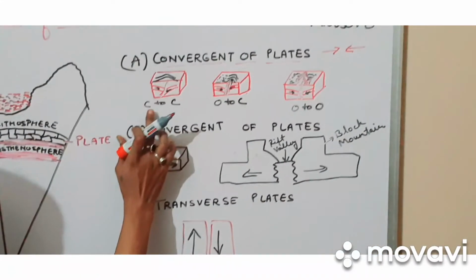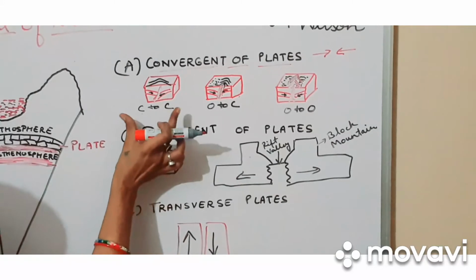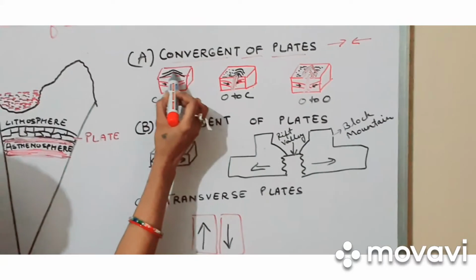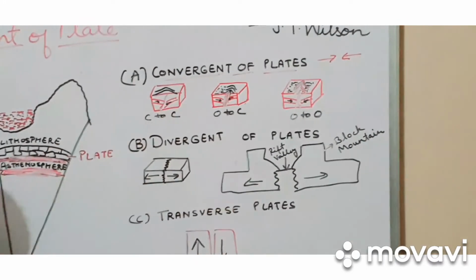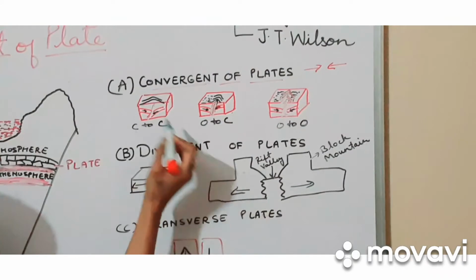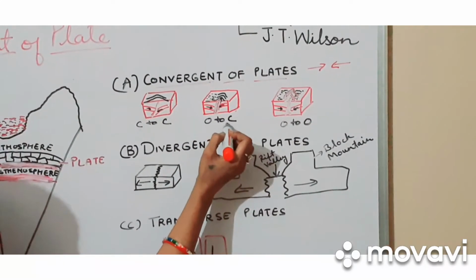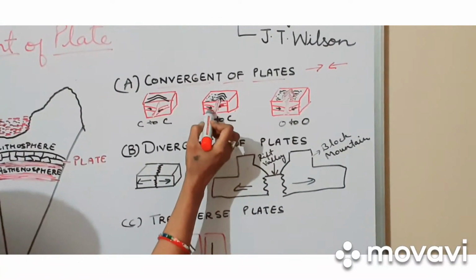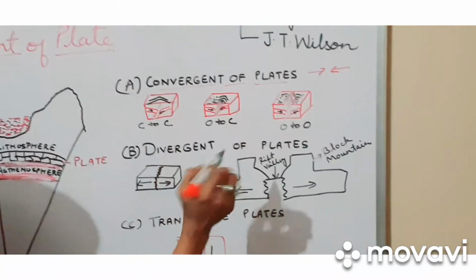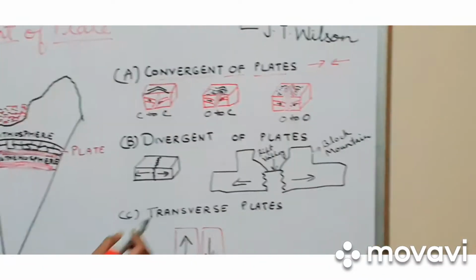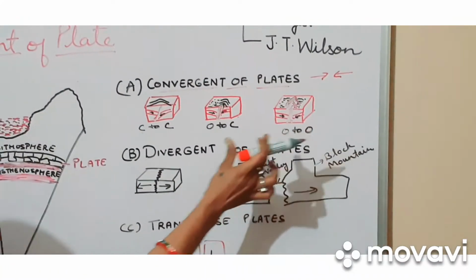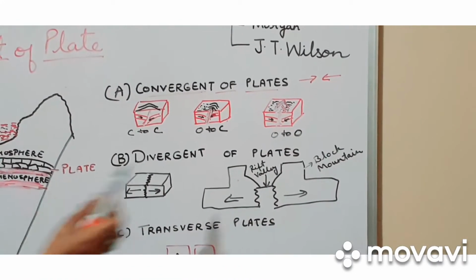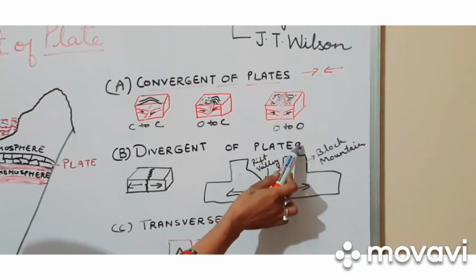Here I am going to explain how continent to continent convergence happens. When two continental plates collide, the rising part is known as a fold mountain. When oceanic and continental plates collide, fold mountains are formed. When oceanic and oceanic plates collide, ridges are formed.